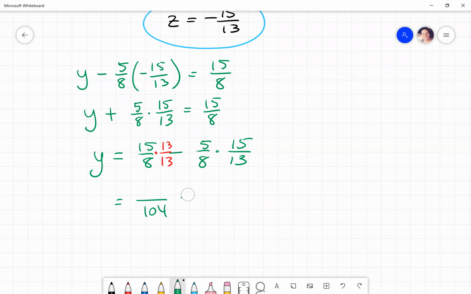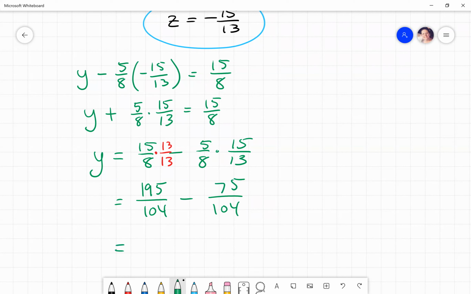Oops, why did I put plus? See, there's another thing where I would have made an error. Wait, it's supposed to be minus. Minus 104. All right. And on the left, the numerator is 15 times 13, which is 195. And the numerator on the right is 5 times 15, which is 75.